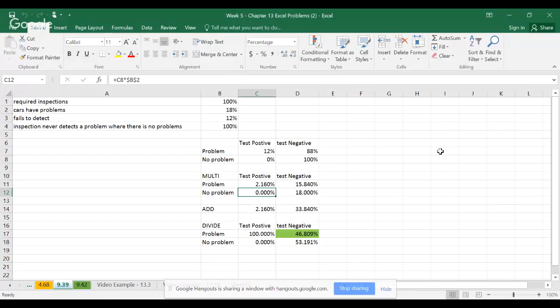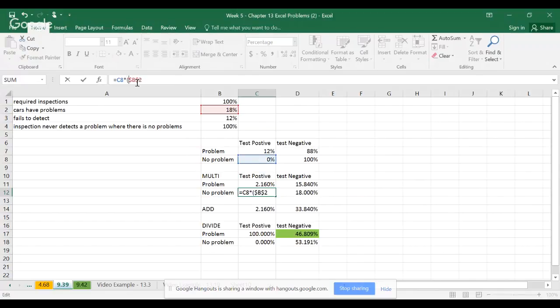18% of the cars have problems. What percentage of them have no problem? It has to sum to 1, right? So if 18% have problems, what percentage would have no problems? Right. And so you still referred to B2 in here when you needed the inverse.